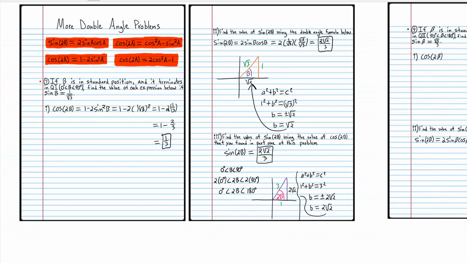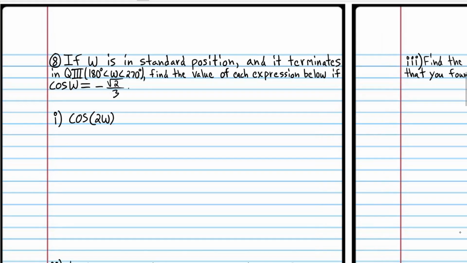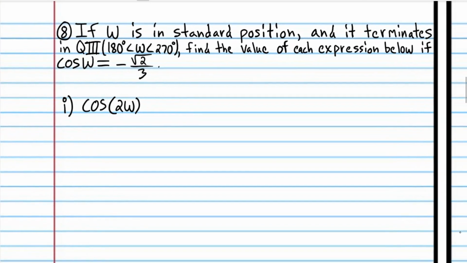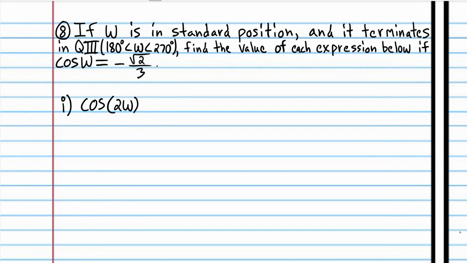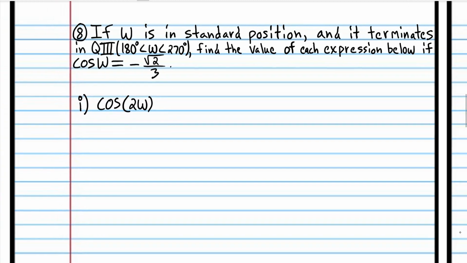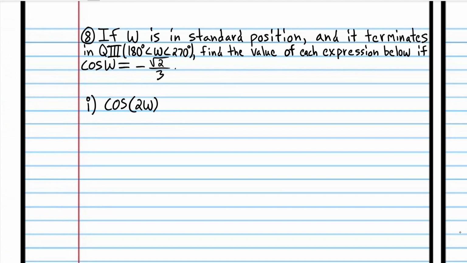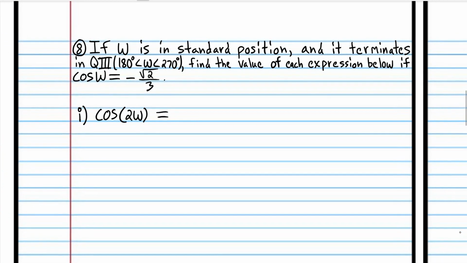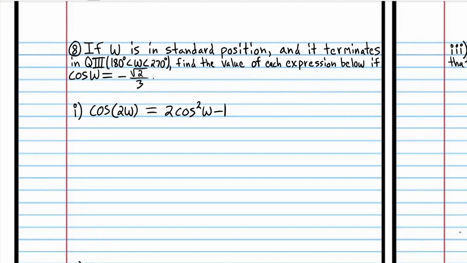Okay, so let's try another one of these problems. So now we have omega terminating in quadrant 3, and we have three different double angle formulas. We're given cosine omega, so this time we're going to use a different double angle formula: 2 cosine squared omega minus 1.